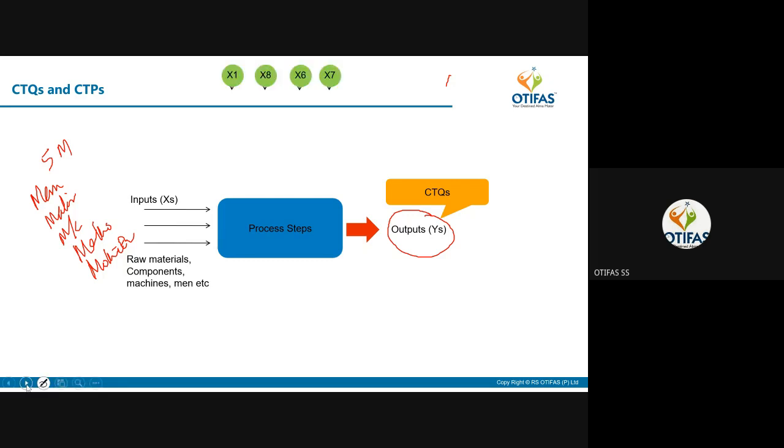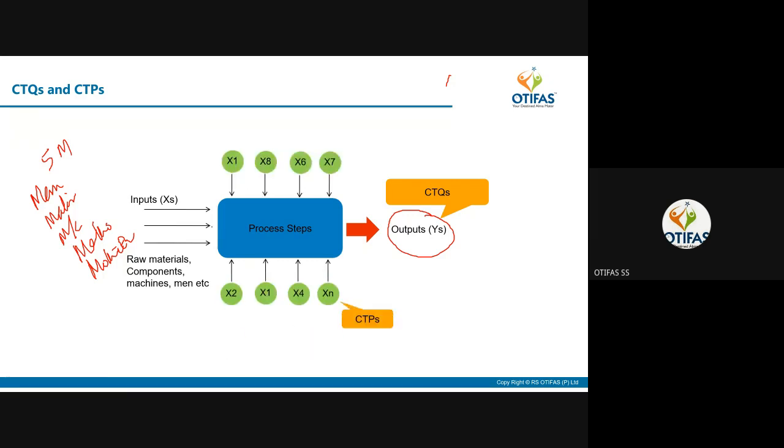So not all are CTPs. Suppose you have X1 to XN, suppose you have 20 inputs and process parameters together, you have 20 parameters to check. Now not all are CTPs. You have to identify what are CTPs, what are critical to this process.